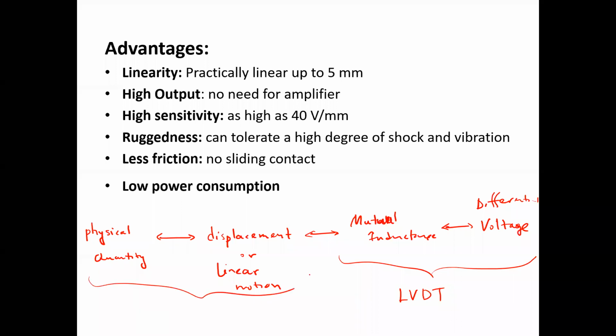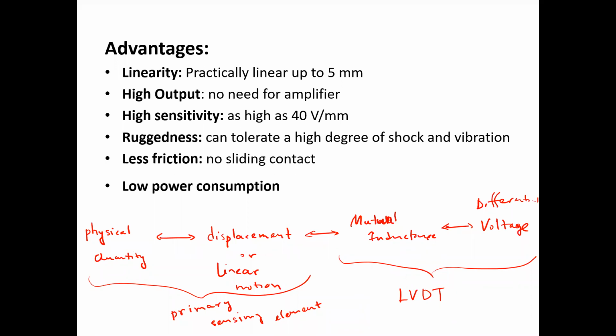However, the first two portions have to be done by some other primary sensing element. Mostly it could be a mechanical transducer that is going to primarily sense the change in the quantity. It could be pressure, force, flow, or velocity, and then it will transfer it into displacement or linear motion, which can be coupled with the core of the LVDT.